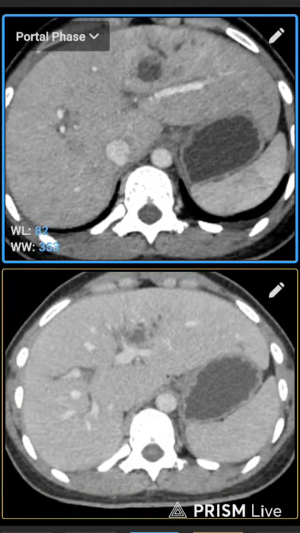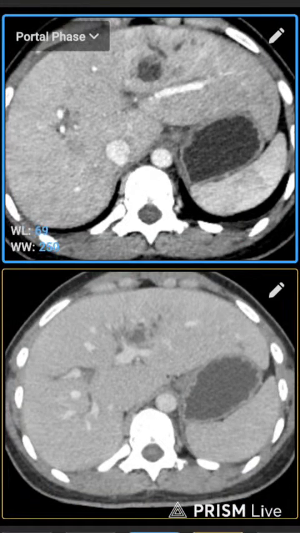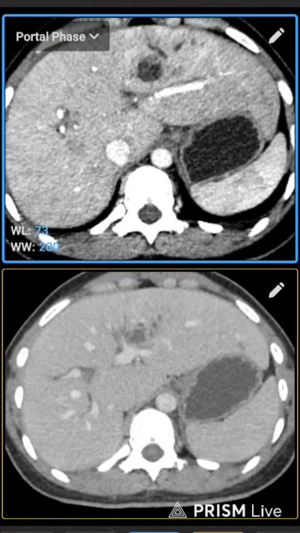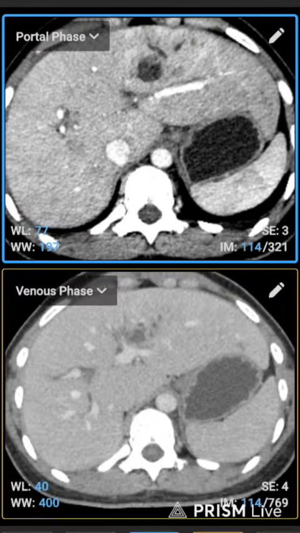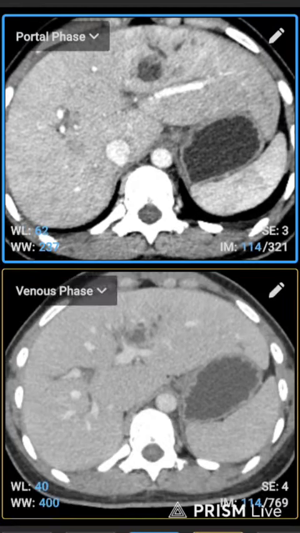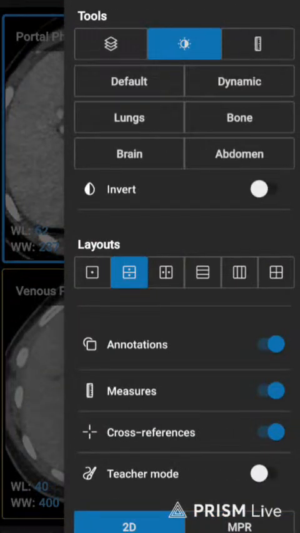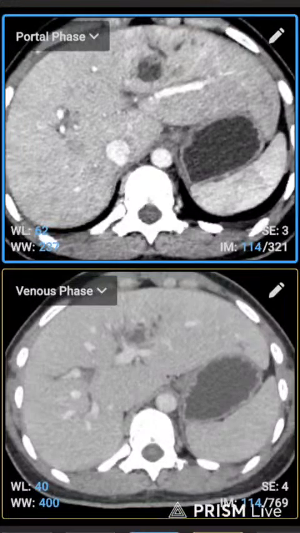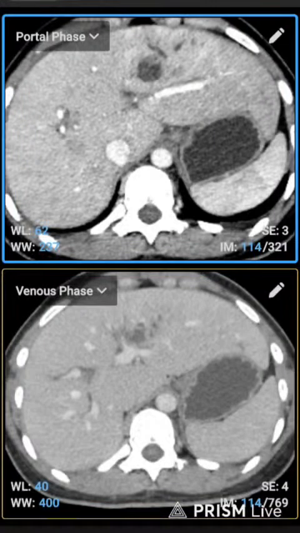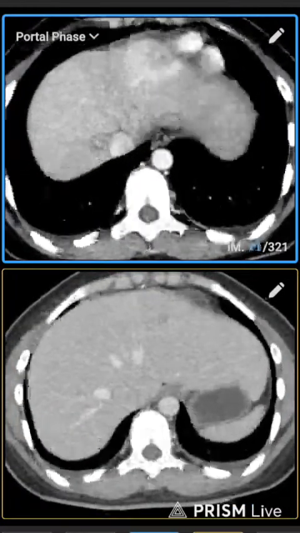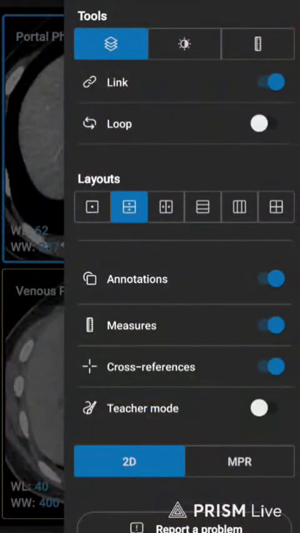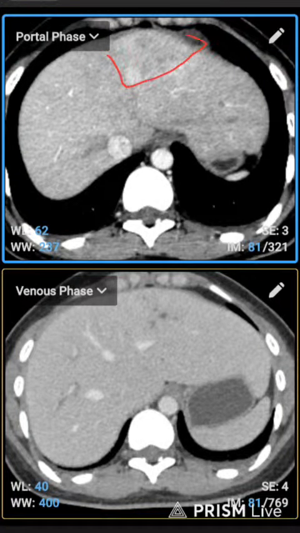I will show the area. The image is 1 mm, so it's not that good to show. If you see, the area is around here, it's a hepatic tumor, and you will see the area properly in the portal phase.